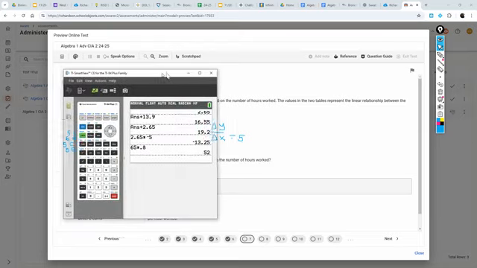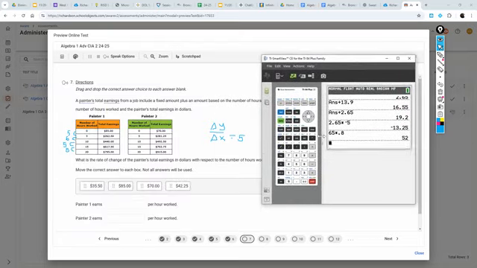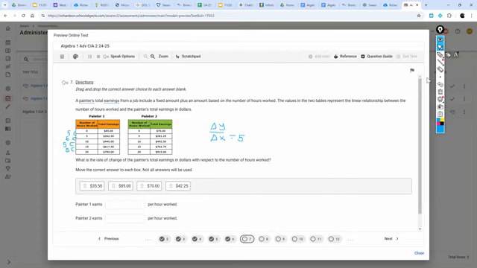We're going to do 262.5 minus 85, and that's going to be 177.5. So my change in y is going to be 177.5.